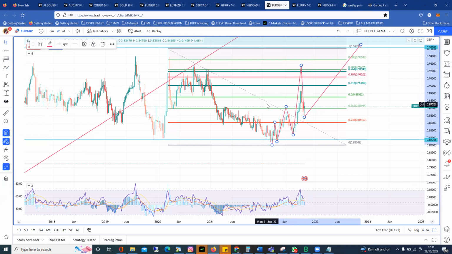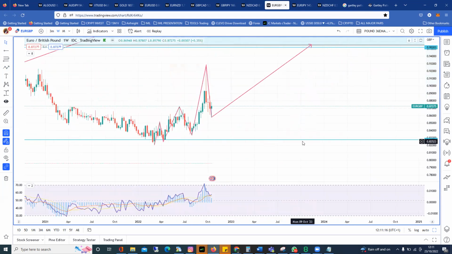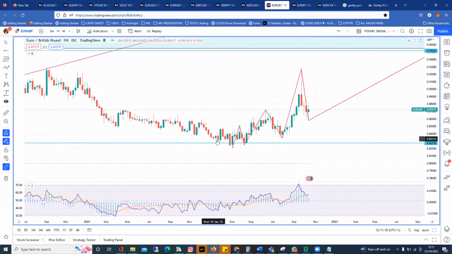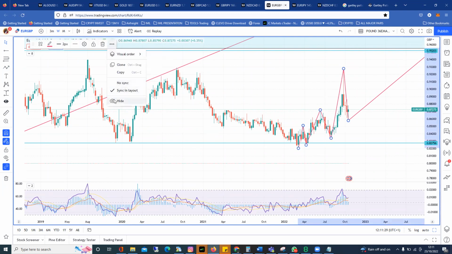When price decides to leave some key levels, let me take out the Fibonacci. When price decides to leave this key level and come down to here, but fails to take out this low, let me take out this one as well.